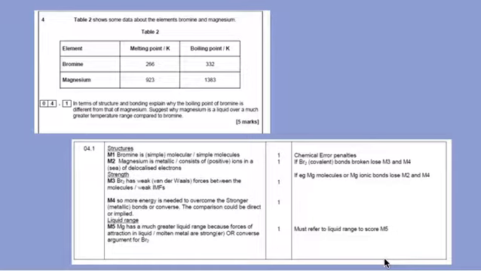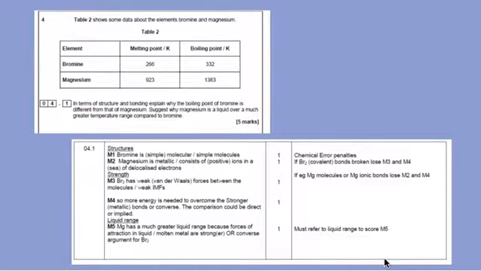That would be fine. The one that tripped up an awful lot of people was Mark 5, the part of the question: why is magnesium a liquid over a much greater temperature range compared to bromine? You can see that bromine's temperature range, 266 to 332, is much smaller than magnesium's, 460 degrees, sorry, I can't add up some days.